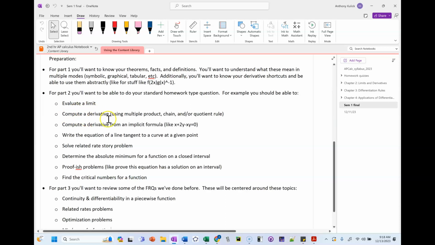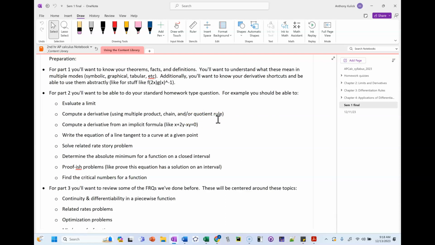You should be able to compute a derivative, again using multiple rules, like product, chain, quotient, in addition to the shortcuts, merged together, kind of like what we saw in test 3. You should be able to compute a derivative from an implicit formula, like x plus 2y minus xy equals 0. You should be able to find dy dx from that.